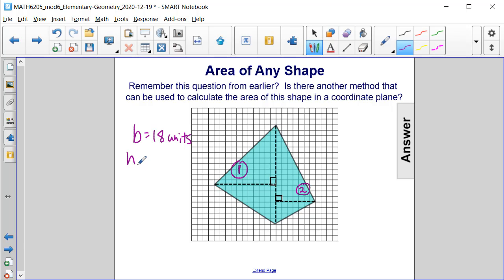The height in triangle 1 is 1, 2, 3, 4, 5, 6, 7, 8, 9, 10, 11 units. So we can calculate the area of triangle 1 using 1/2 base, which is 18, and the height, which is 11. Half of 18 is 9, and 9 times 11 is 99 square units.